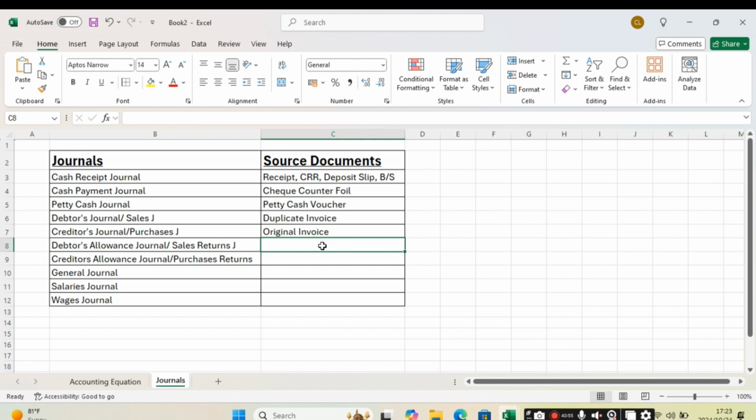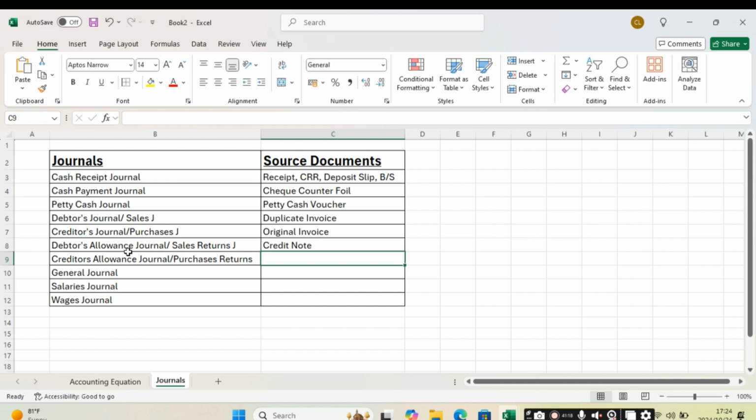Okay, and then we have our debtors allowances journal, or as we call it now, our sales return journal. This sales return journal will affect our credit note, and then our creditors allowances journal.